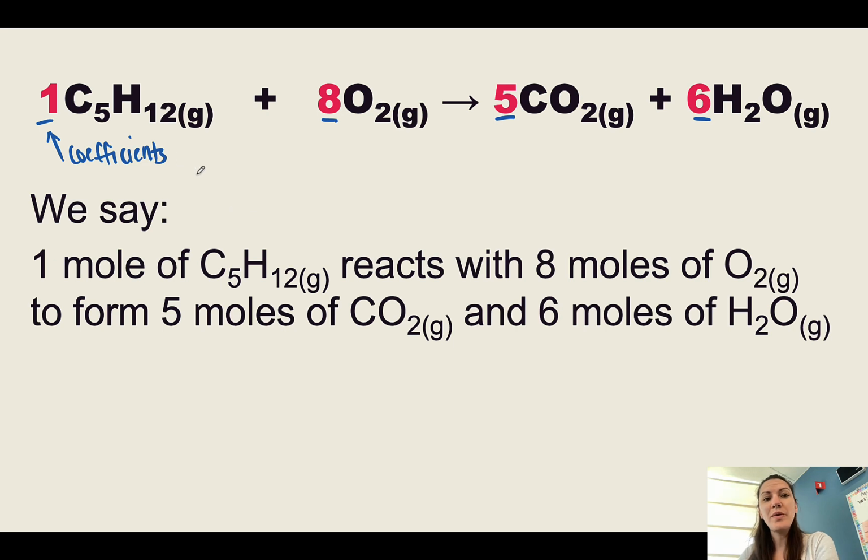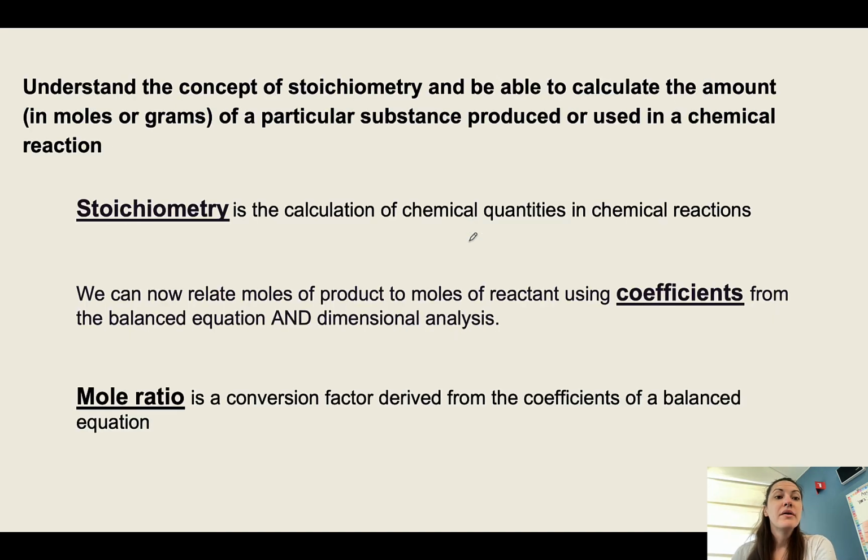A chemical reaction is kind of like a chemical recipe, and this is our relationship: 1 pentane and 8 oxygens come together and rearrange to form 5 carbon dioxides and 6 water molecules.